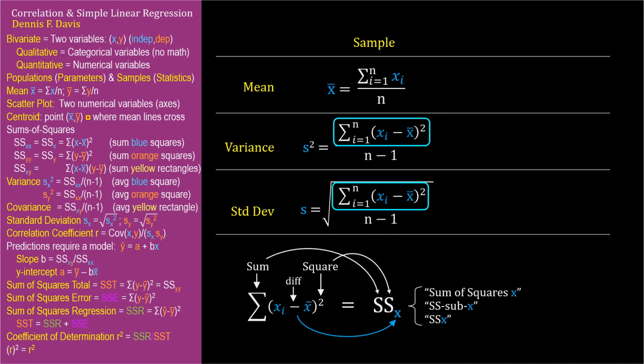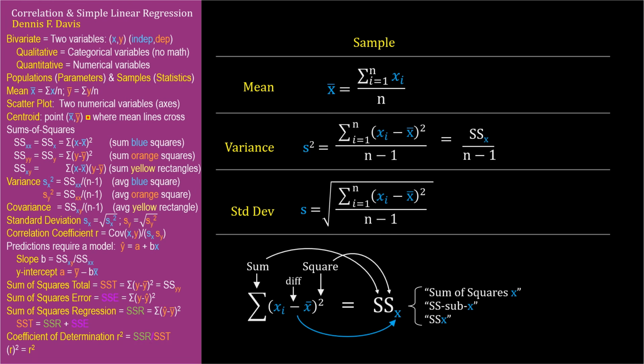I remember making the mistake in college of thinking the variance was sum of squares x. I didn't divide by n minus 1. Just understand what each symbol means, and putting the formulas together will be easy. Since the variance is the average sum of squares, we take the total sum of squares and divide by n minus 1 to find the average. And so the sample variance of x can be written as sum of squares x over n minus 1.